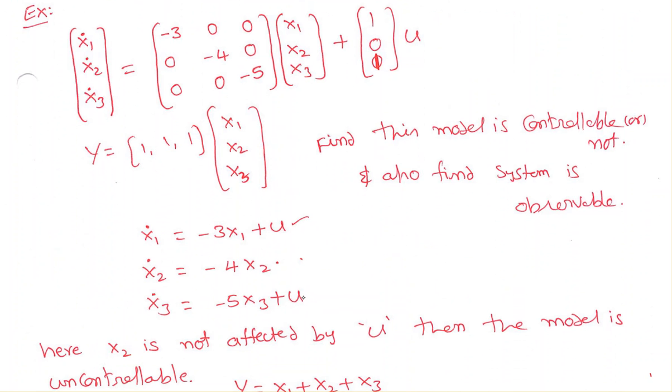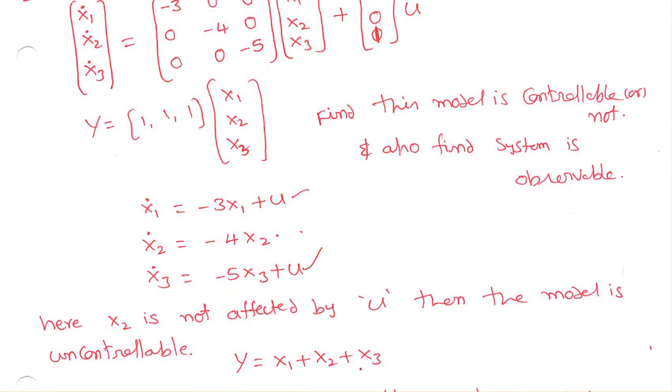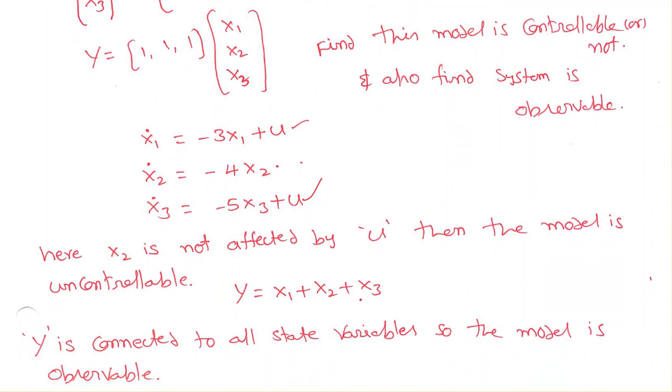If u changes, then my x3 is also affected. How about x2? Now x2 is not in any of these other two equations. X2 is not involved in x1 or x3. So here x2 is independent. X2 is not varying with respect to change in input. So the model is uncontrollable.